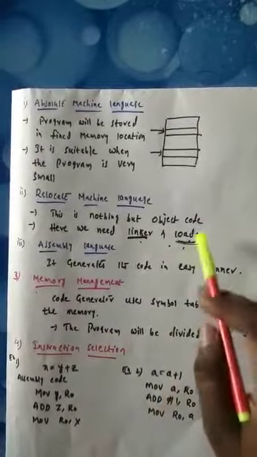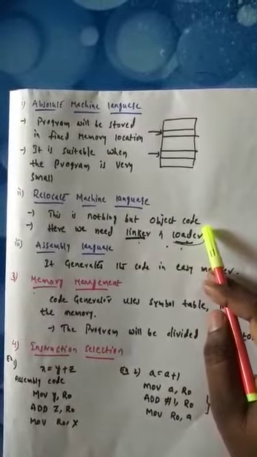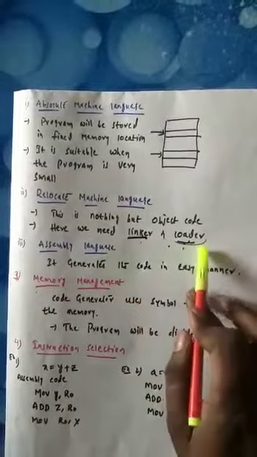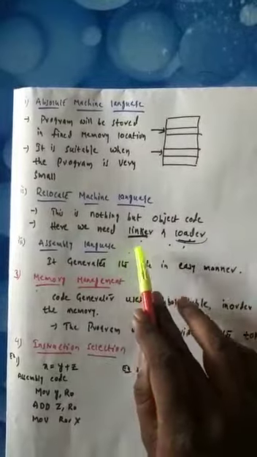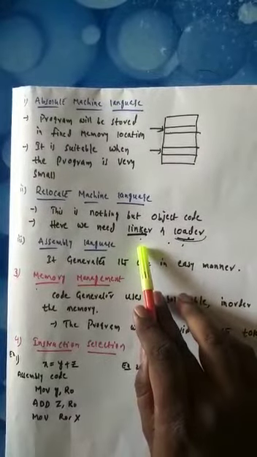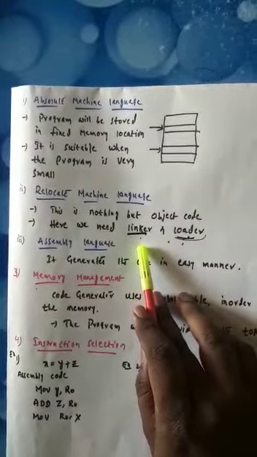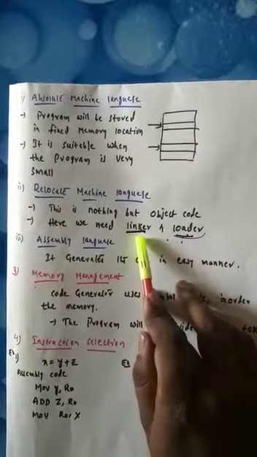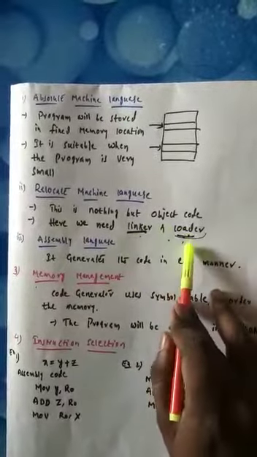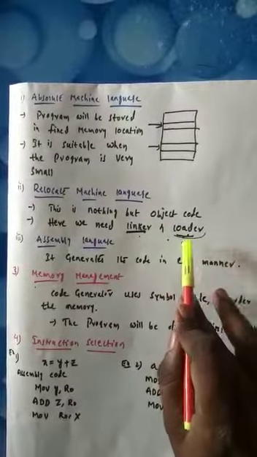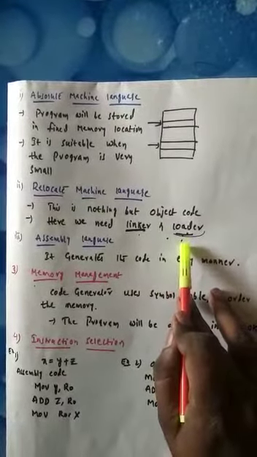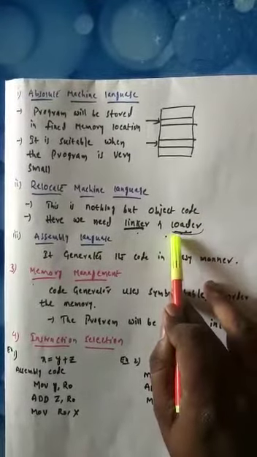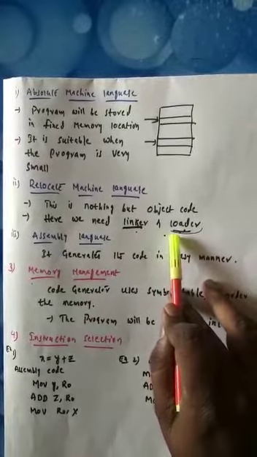And the second one is relocatable machine code. It is nothing but object code. Here we need linkers and loaders. The linker links the object code of several programs into a single program, and the loader loads the corresponding executable file into main memory.